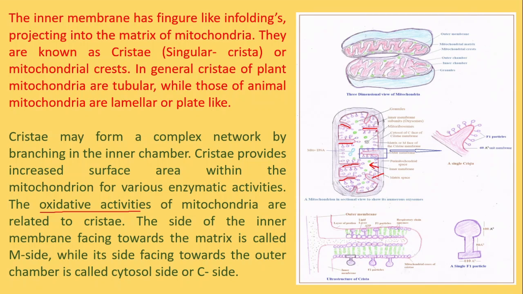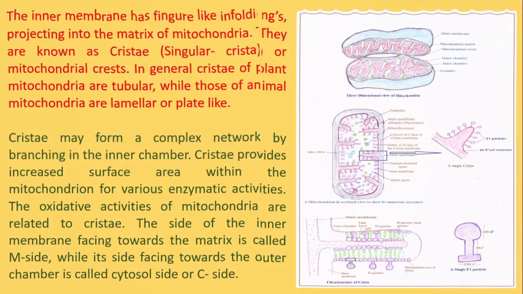So this is the inner membrane, and the side facing toward the matrix is known as the M side, while the side facing outside, toward the outer chamber, is known as the cytosol side or C side. So this is the C side and this is the M side of the membrane. Here you can see these are two different sides of the membrane.